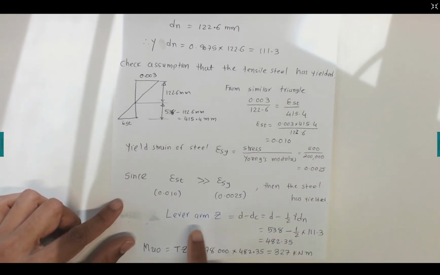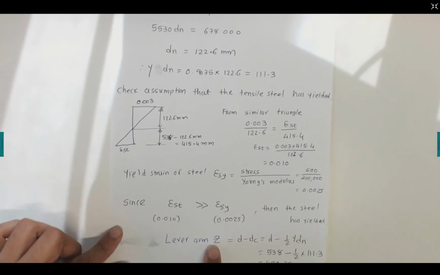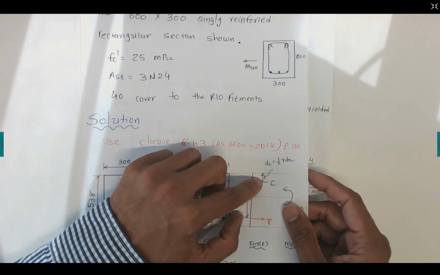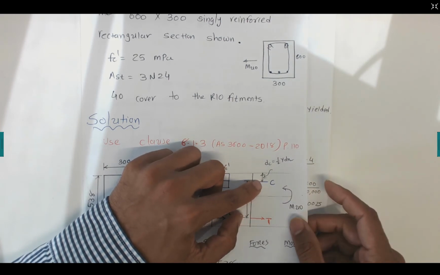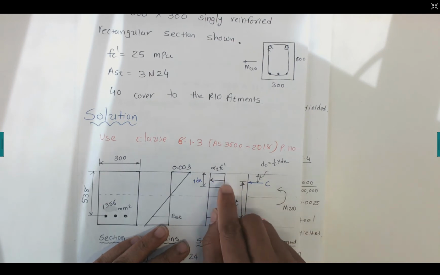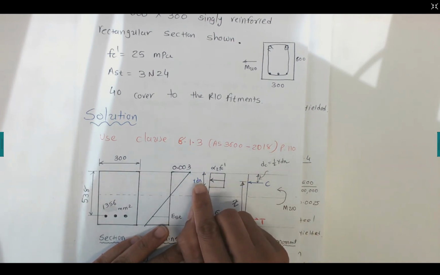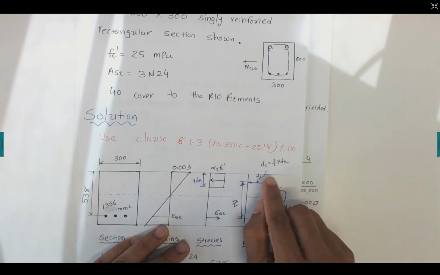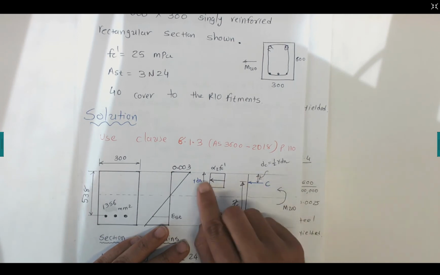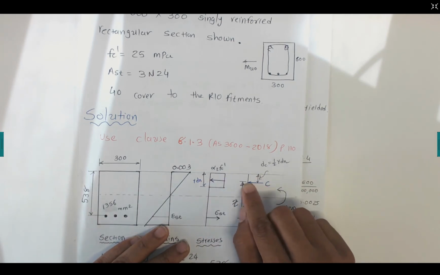So we need to calculate the lever arm. What is the lever arm? The lever arm is the distance between the compression force and the tension force. Please note, this compression force acts at the center of this area. So if this depth is gamma dn, then it should be acting from the top at half of gamma dn, in the middle of this one.